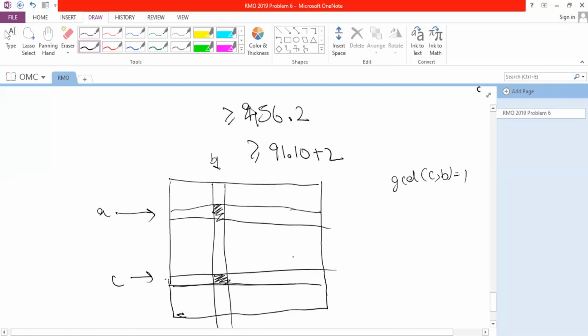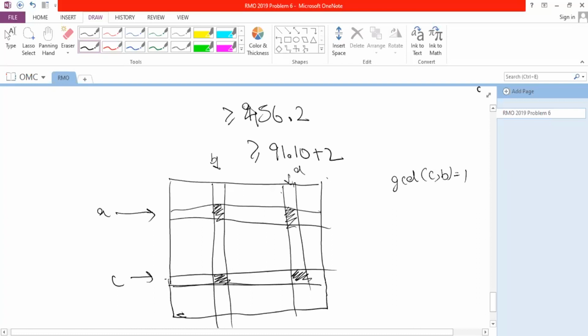And we also have that GCD of C comma D is 1. Hence the cell at row C and column D is also black. And GCD of A comma D is also 1, so the cell at row A and column D is also black.